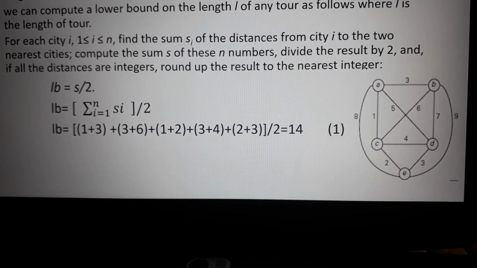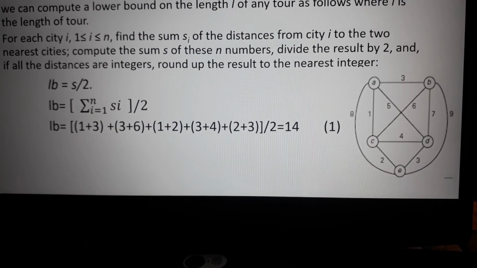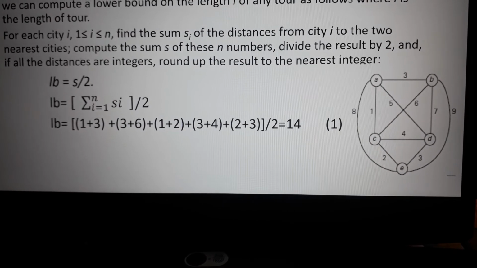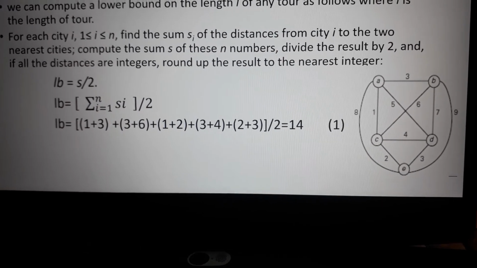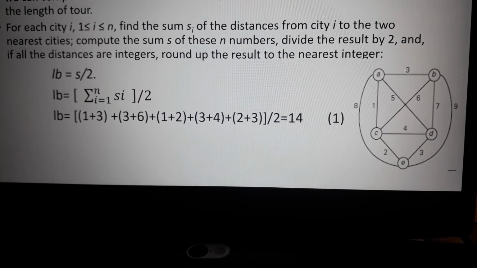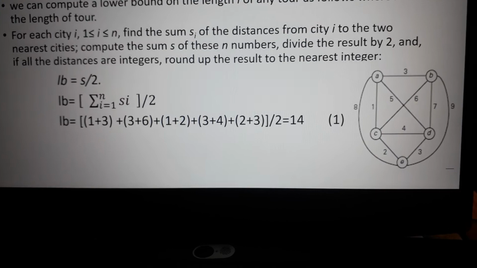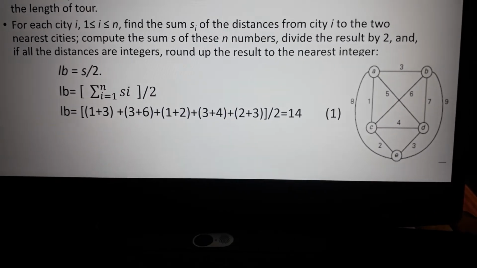Out of 4 edges 8, 2, 3 and 9, we will take the two minimum cost edges 2 and 3 and its sum. So the total sum computed and divided by 2 is equal to 14. So the lower bound on the length of any tour is equal to 14. We will name this equation as 1.